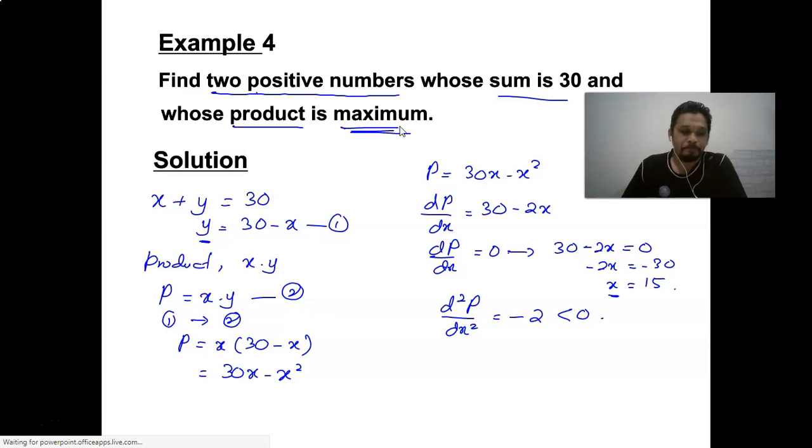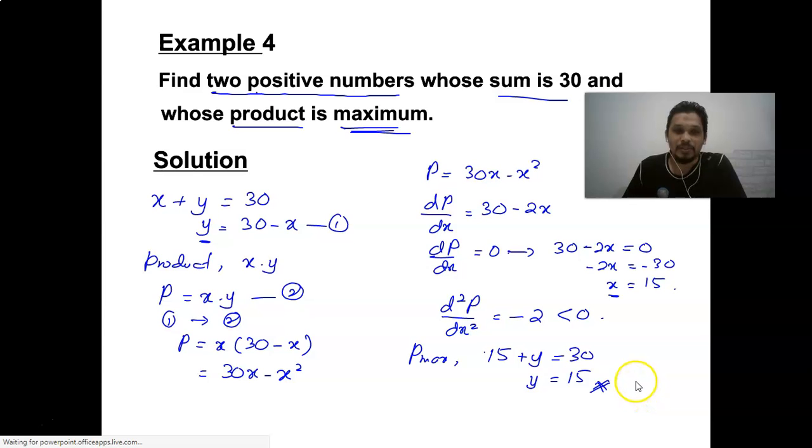Okay, so P is maximum with x equal to 15. Then we substitute into equation 1: x equal to 15 plus y equal to 30, then y equal to 30 minus 15 equal to 15.